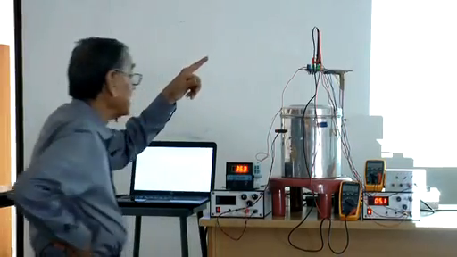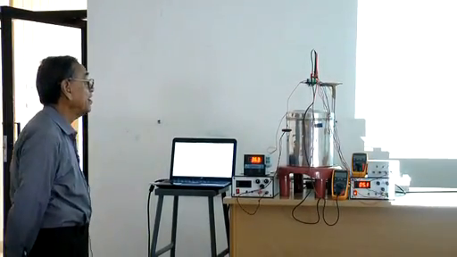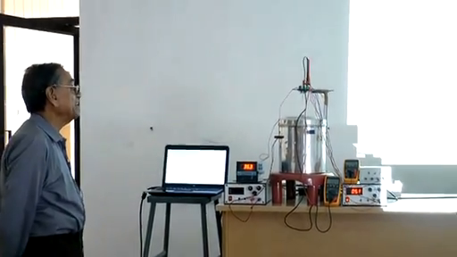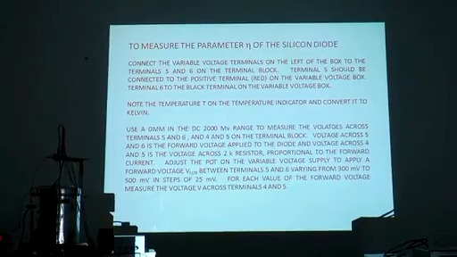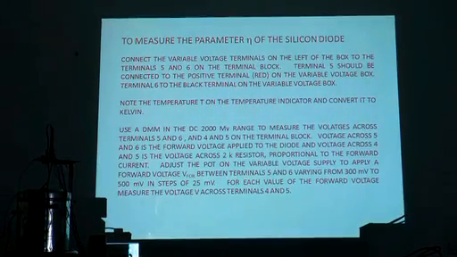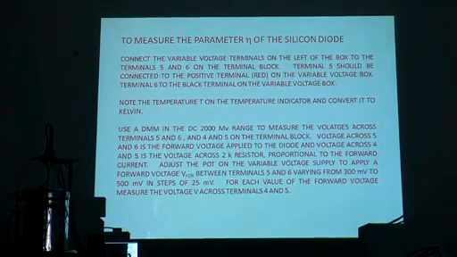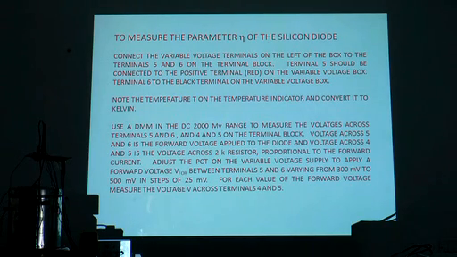So, I connect the variable voltage terminals T1 on the box to the terminals 4 and 6 on the terminal block, not 5, that is wrong. Terminal 4 should be connected to the positive terminal on the variable voltage box and terminal 6 to the black terminal of the variable voltage box.